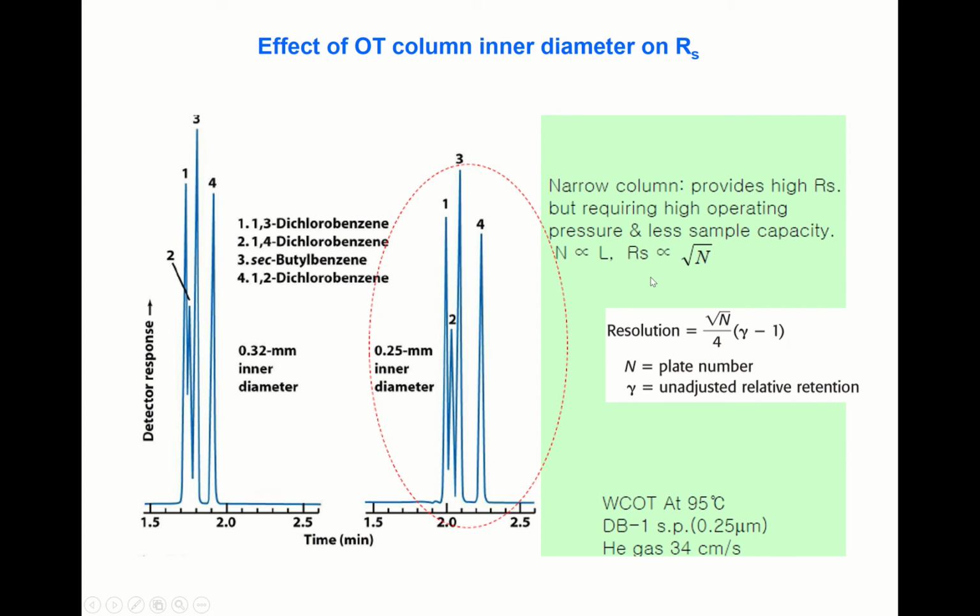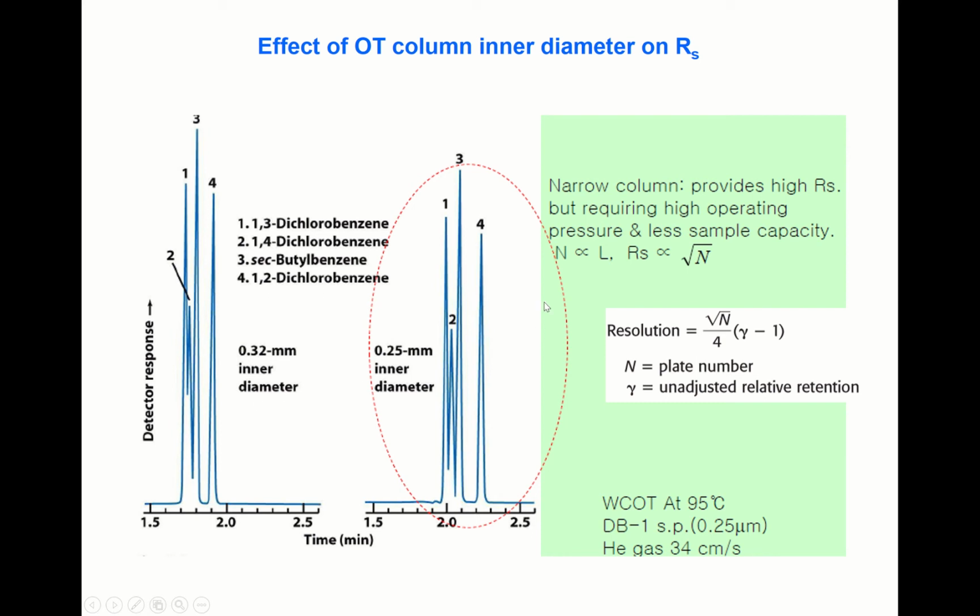But it gives you high resolution. Why? Since the column diameter is small, the analytes inside the column diffuse into the center of the column much more rapidly than for a column of larger diameter.